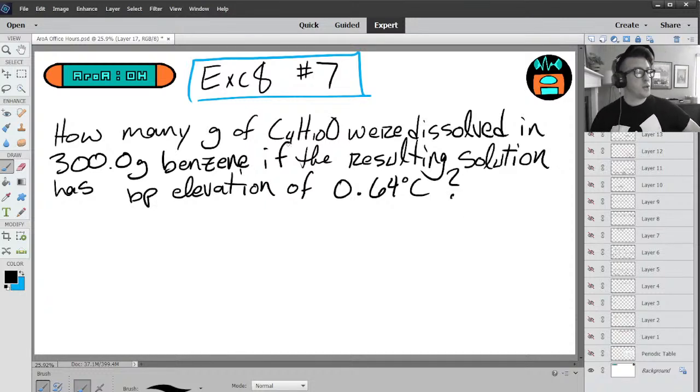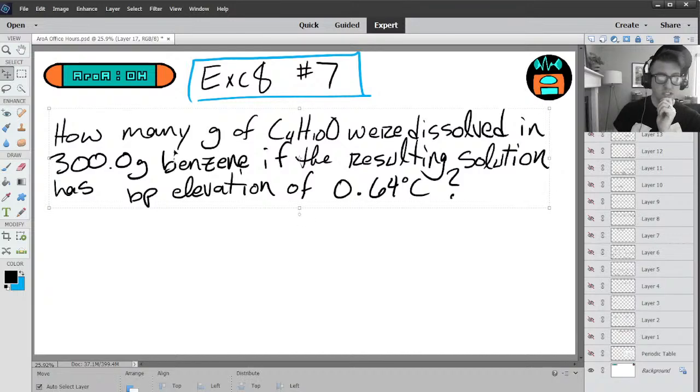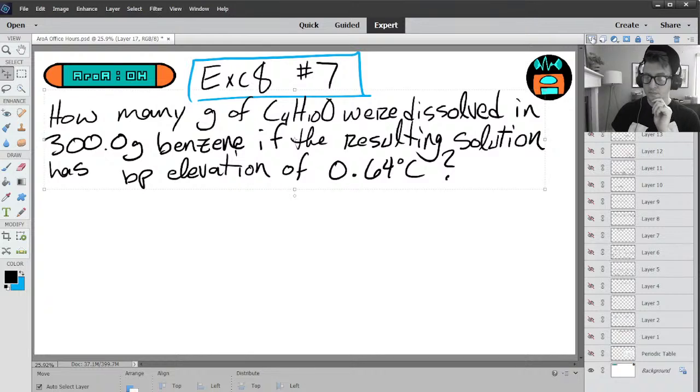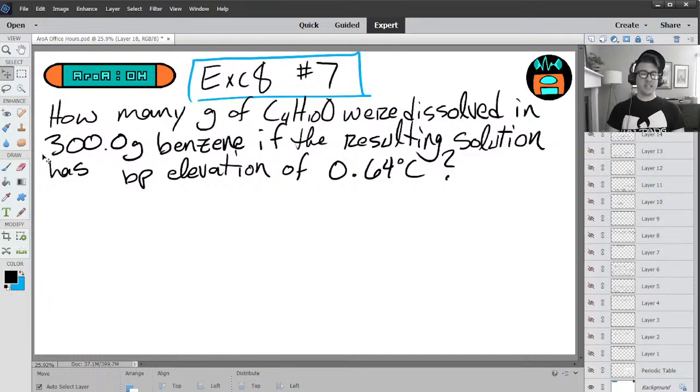All right, so one of the things you'll notice about this problem, this one's kind of next level, definitely a challenging problem. And the way you want to go about solving this, notice what you're asked to find.